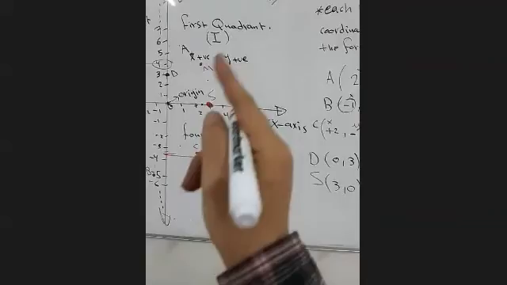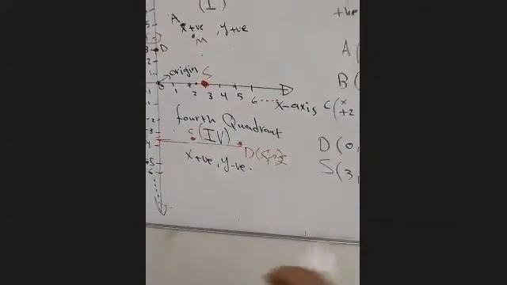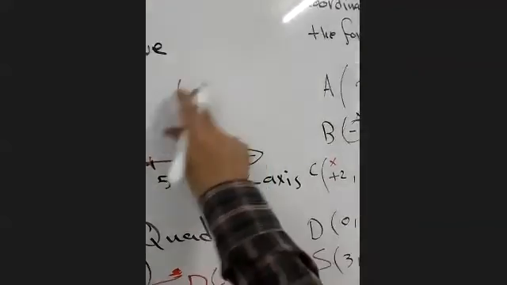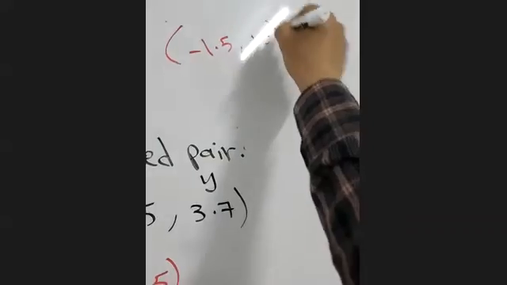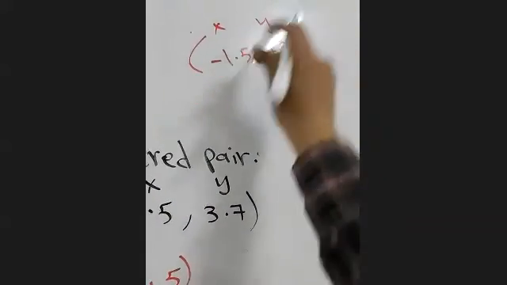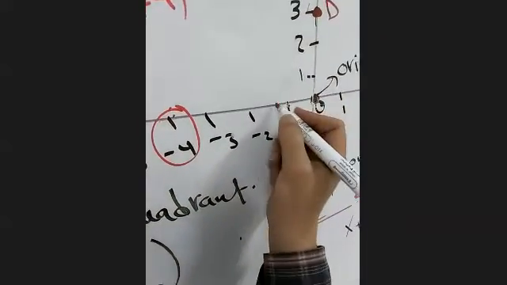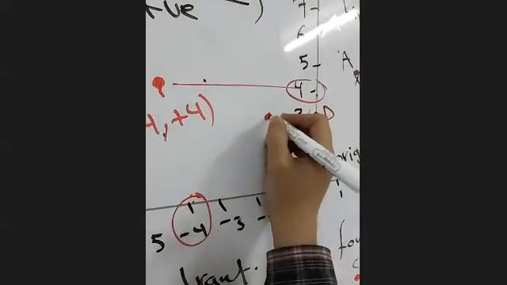Again, to graph a point on the coordinate plane, we go from X to Y, not from Y to X. For example, to graph the point (-1.5, 3), I go -1.5 for X, +3 for Y. I don't have -1.5 marked, but it's between -1 and -2. I go up until I have 3, then I put my point. It's an easy one.